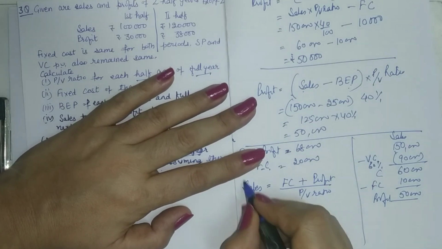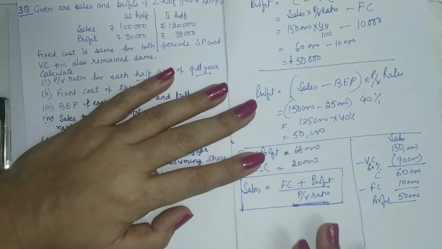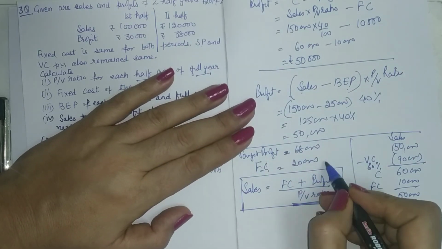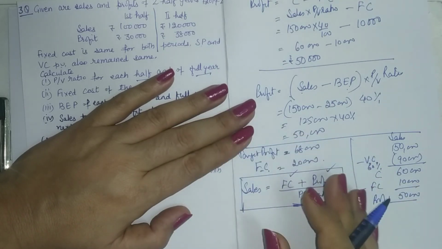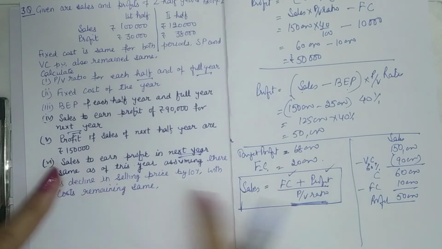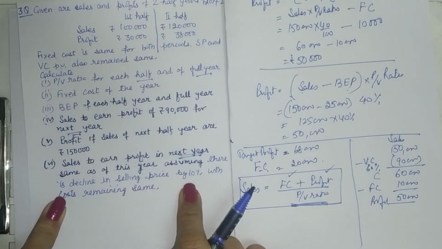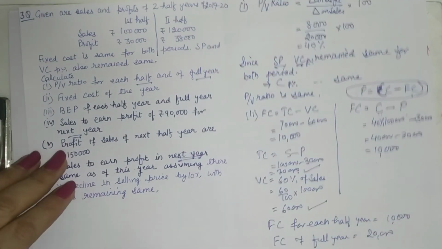But can we use the same PV ratio that we have determined, 40%? Fixed cost is same, there is no change. Profit we are going to make same as of this year, no change. But PV ratio is going to change because your selling price has declined by 10%. So now we will have to revise the calculation of PV ratio.